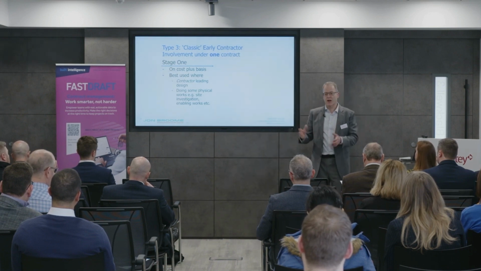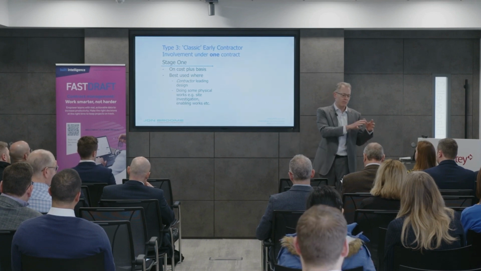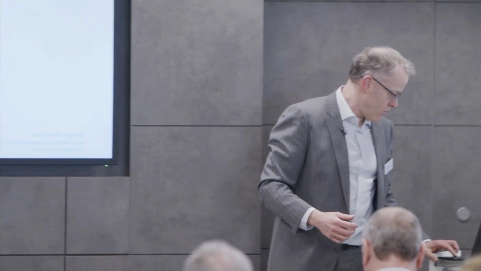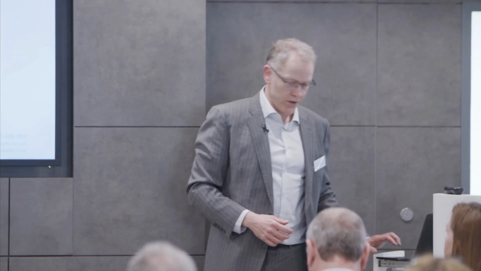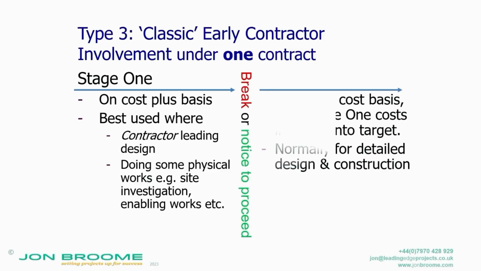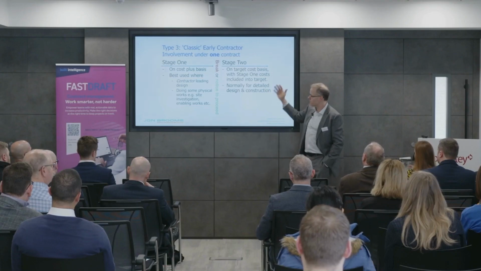Now, you can decide that we need more site investigation. It would be worthwhile doing that earlier, before we sign the target. It would de-risk the project. You just do it. And then there's a break, or you decide to proceed. The contractor submits their proposals, and stage 2 is done normally on a target cost contract, normally for detailed design and construction.